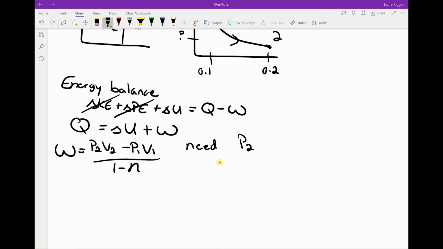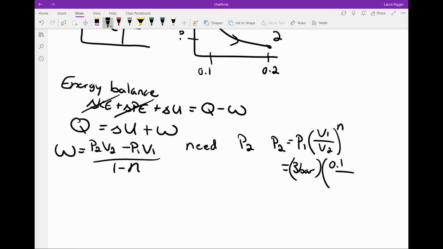P2. So P2 is equal to P1 times V1 over V2 to the n, which is 3 bar times 0.1 over 0.2 to the 1.5, which is equal to 1.06 bar.